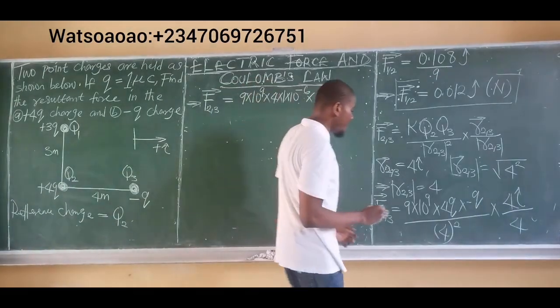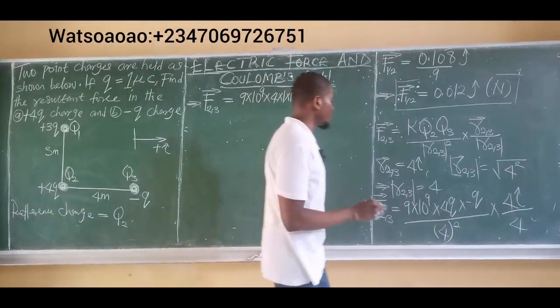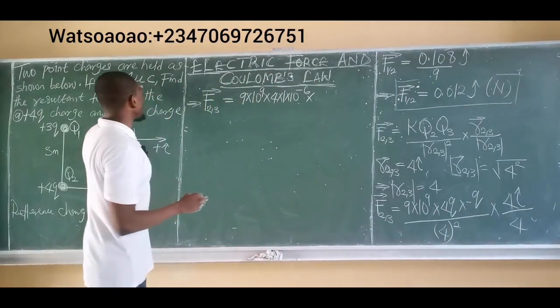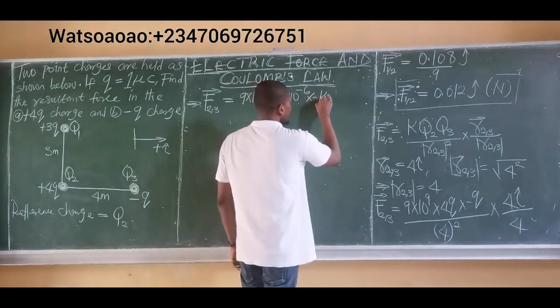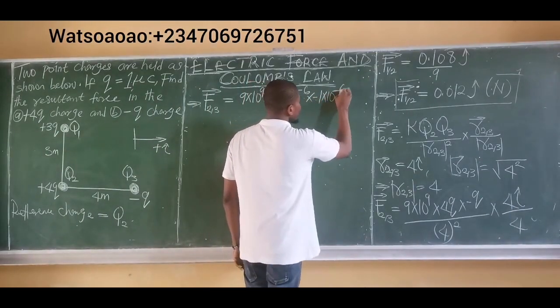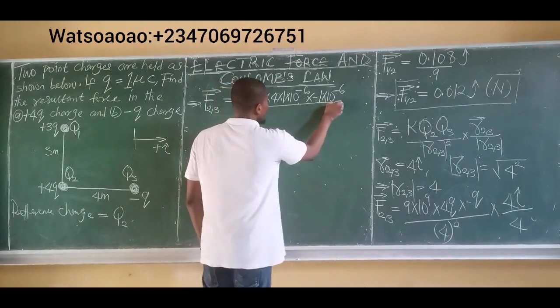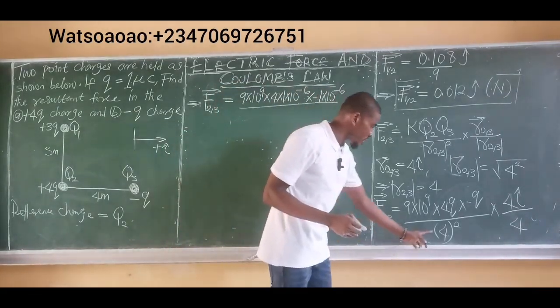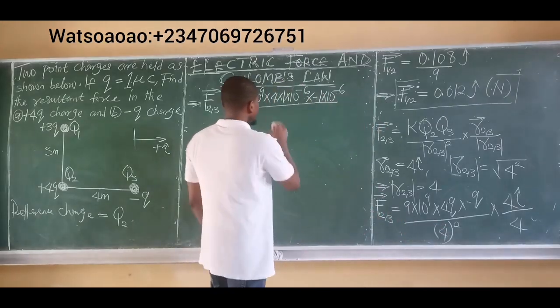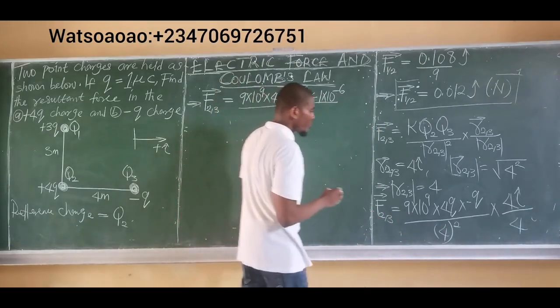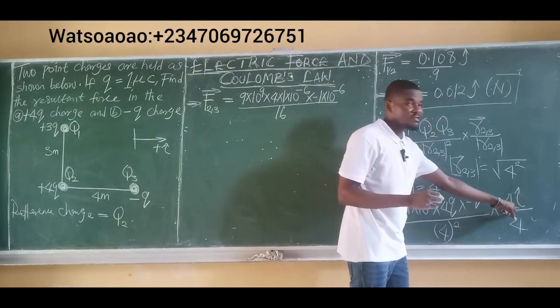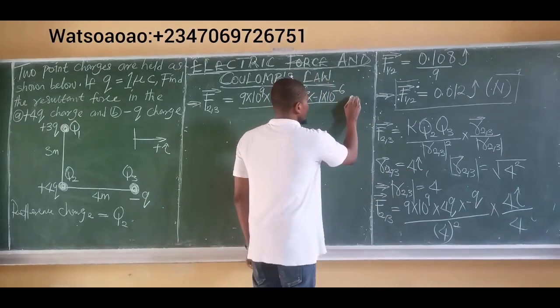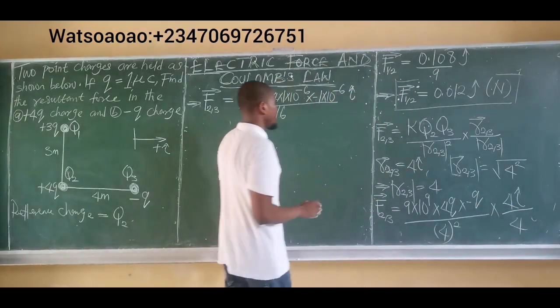Multiply by minus Q. Once more, Q was given simply as 1 microcoulomb. So minus Q becomes minus 1 × 10^-6, all over the magnitude squared. So 4 squared here gives us 16. Not forgetting the unit vector, 4 divided by 4 cancels off, so we are left with simply i there. So multiply here by i.